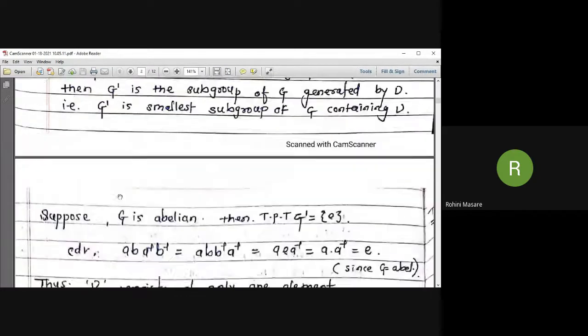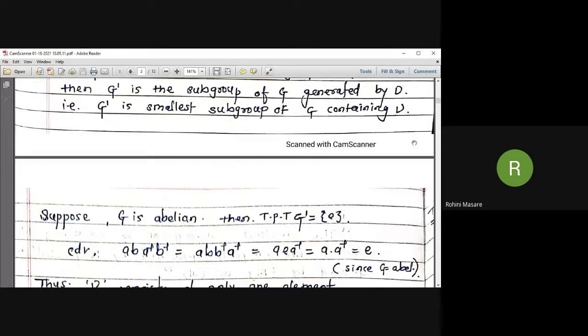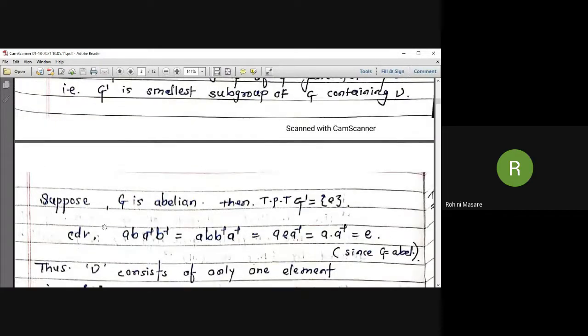Look here, G dash is the smallest subgroup of G containing U. Suppose in the first part G is abelian, then we have to prove that G dash is equal to the singleton {E}. Consider a b a inverse b inverse, which is equal to a a inverse b b inverse. Why can we write like this?